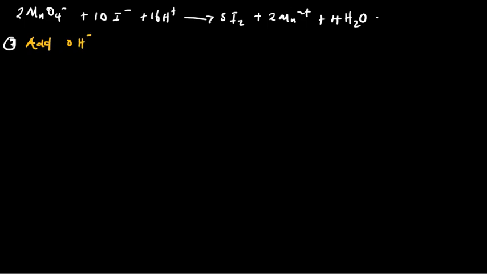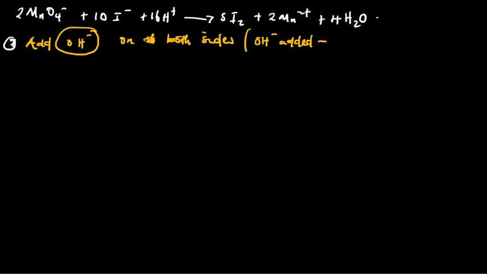In fact, on both sides. Now, you should take note that the number of OH- you are adding must be equivalent to the number of H+ ions. So OH- added must be equal to the H+ ion present.